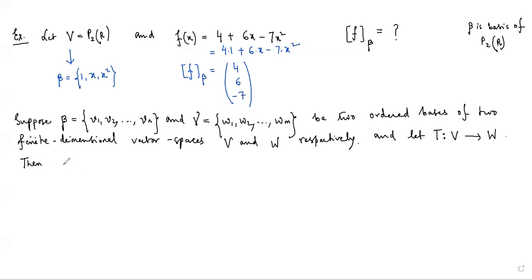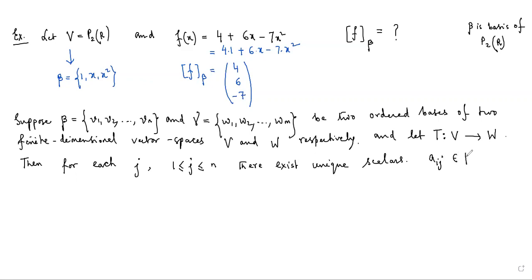Then for each index j lying between 1 to n, there exist unique scalars aij belonging to F, where the index i runs from 1 to m, such that we can define the linear combination as the following.